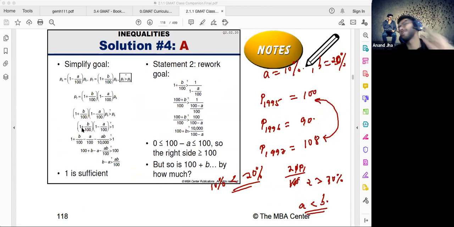No, don't follow this approach. Always take the values for A and B. If you do it this way, your 10 minutes will be gone simply. Choose A, choose B, see which percent is more, accordingly you do it. I think option A will be there. Statement 1 is sufficient alone to answer the question.